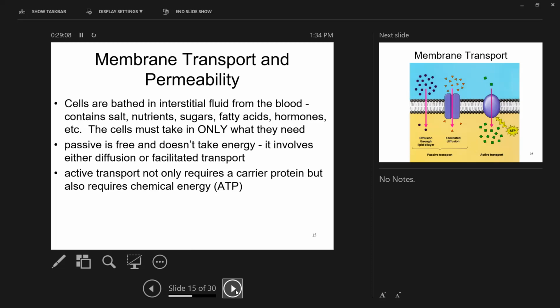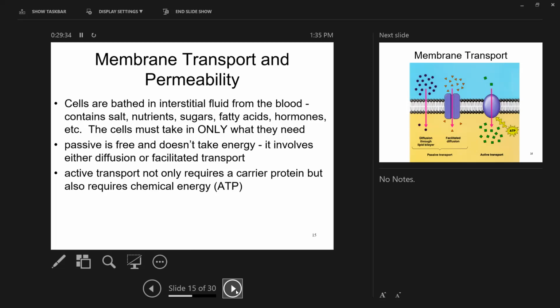Plasma is leaking out of the vessels into the spaces around the tissues all the time. We call this interstitial fluid. It was plasma, but it leaks out. Now it's interstitial fluid because interstitial means around the cells. And when it leaks out, it takes along hormones and salts and sugars and other nutrients.